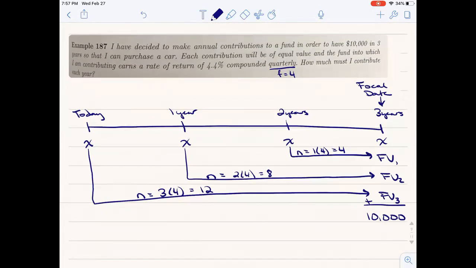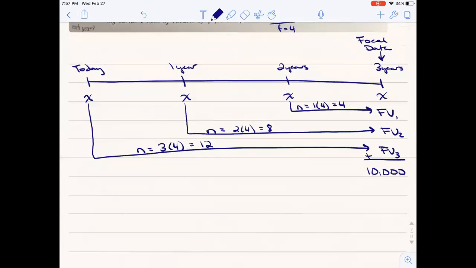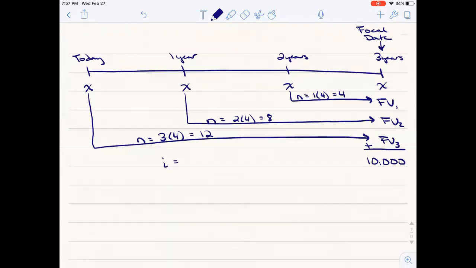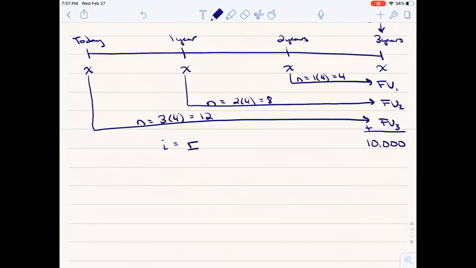The rate of return, so the interest rate, for all of these is the same. And so we've got I. Thank you. So I is R over F, from your formula sheet.